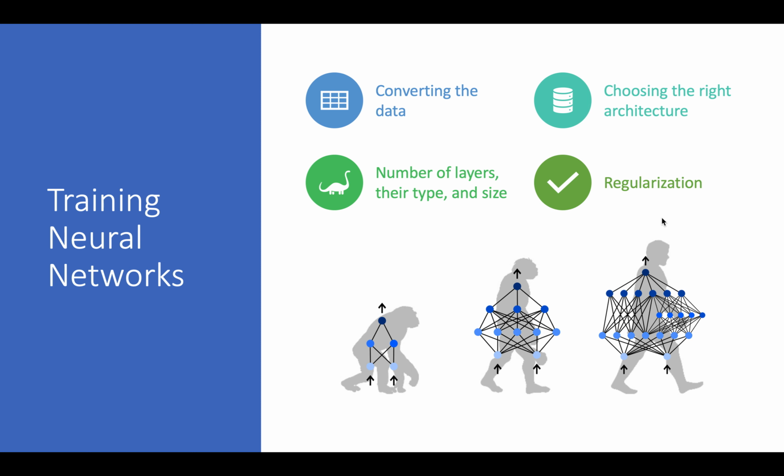So that is the architecture. But after you decide on the architecture, you have to decide on several different things: number of layers, their type, their size. It is recommended to start with one or two layers, train the model and see if it is fitting the training data well, basically if it has a low bias. And if not, gradually increase the size of each layer and the number of layers until the model perfectly fits the training data.